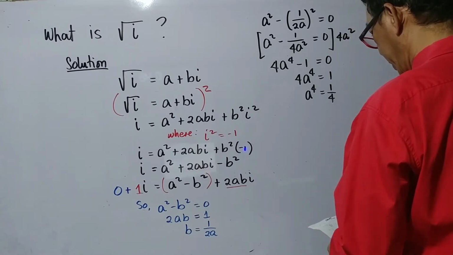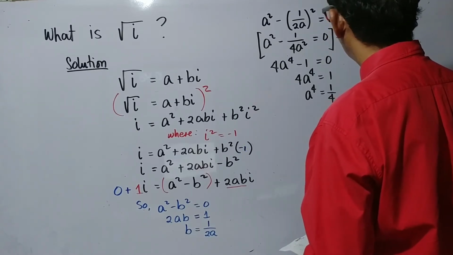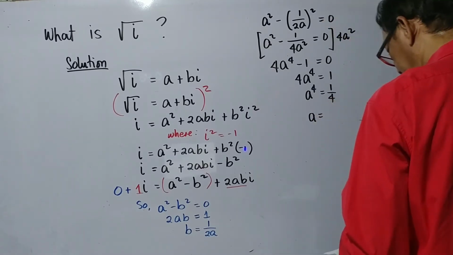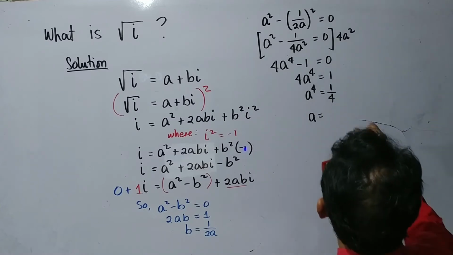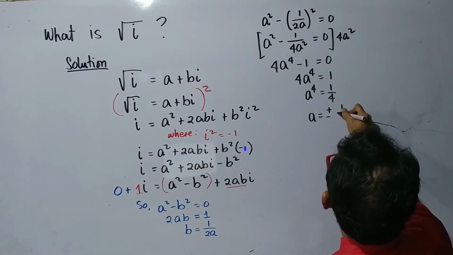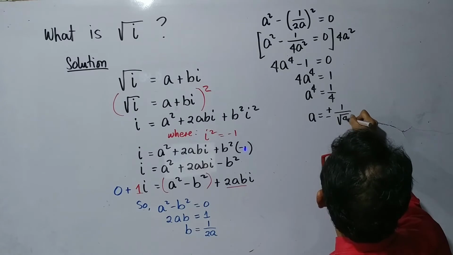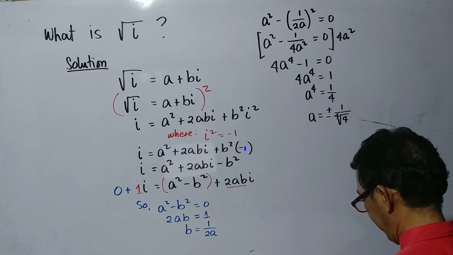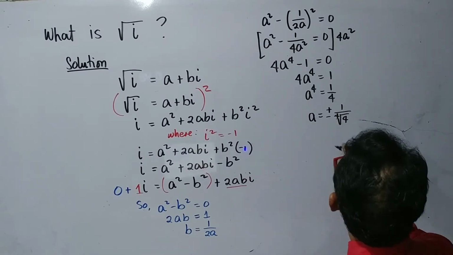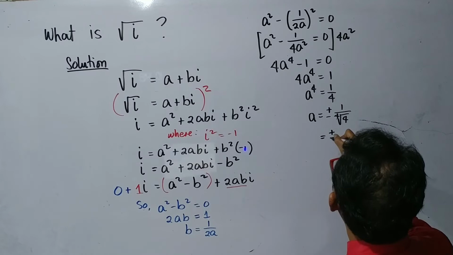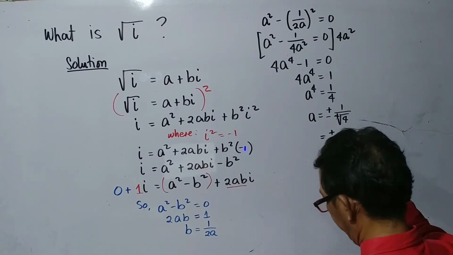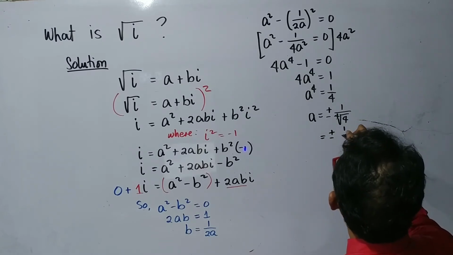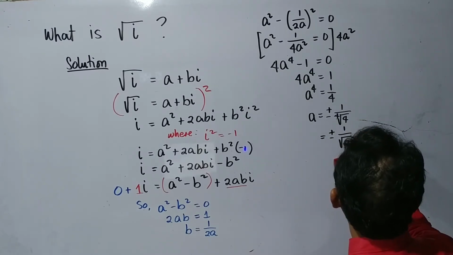Then take the 4th root. So we have now a equals plus and minus 1 over the fourth root of 4, which is equal to plus or minus 1 over square root of 2.